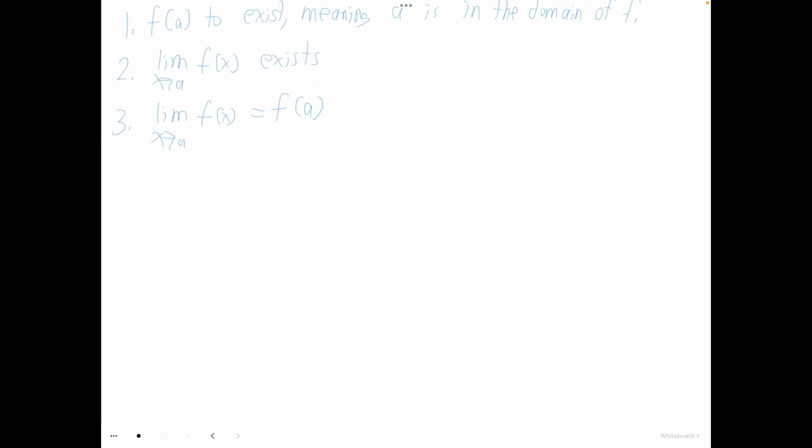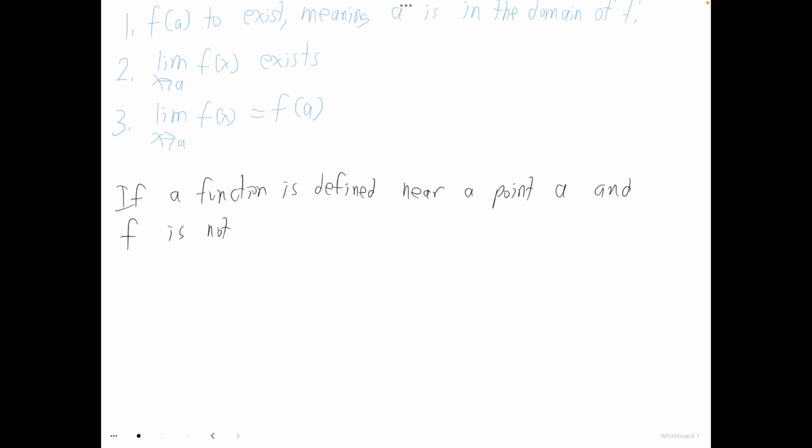And now closely related to this is if a function is defined near a point a and f is not continuous at a, we say f is discontinuous at a.